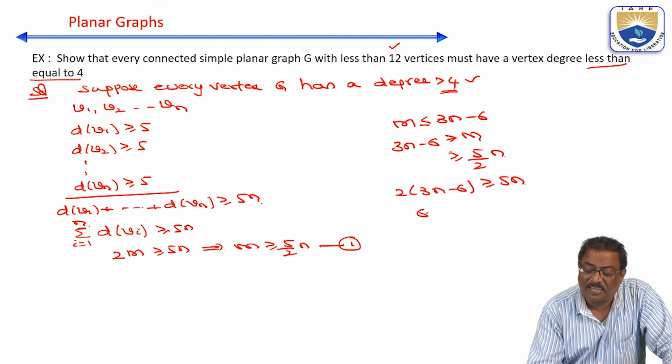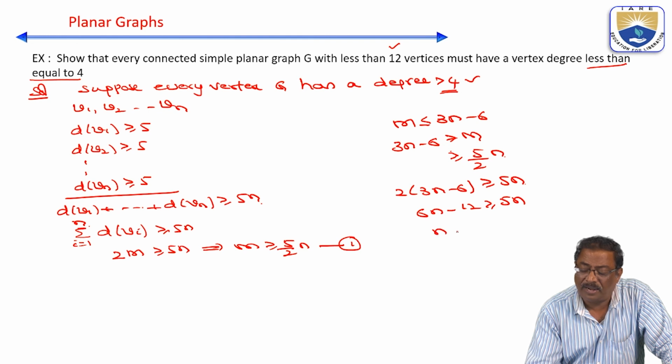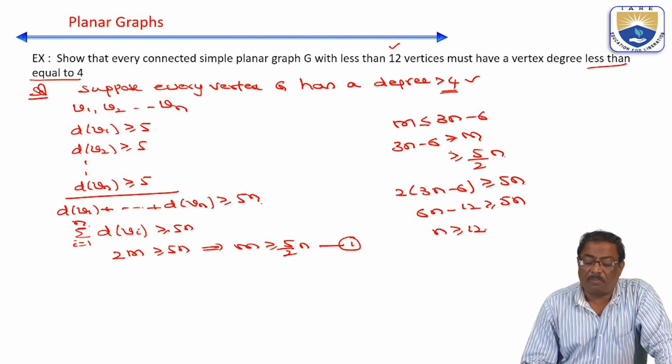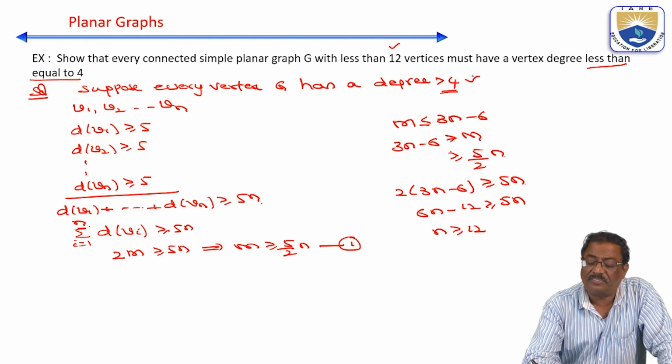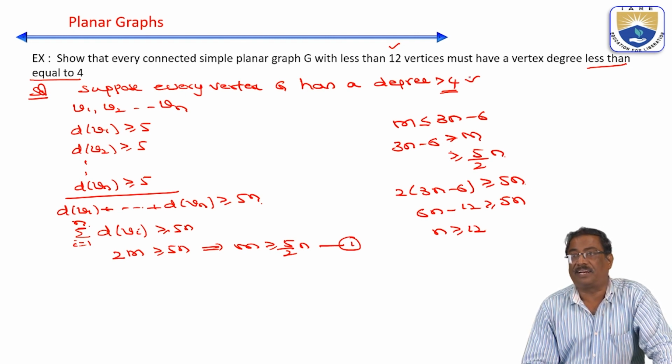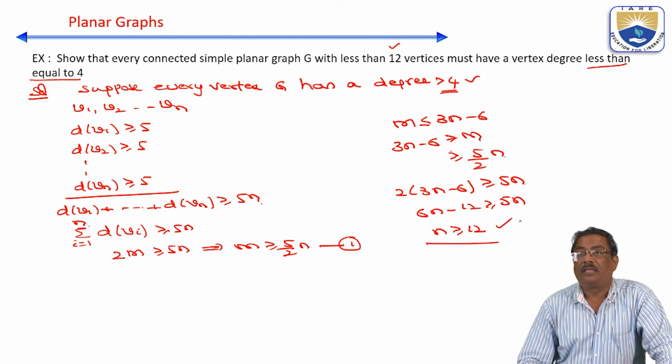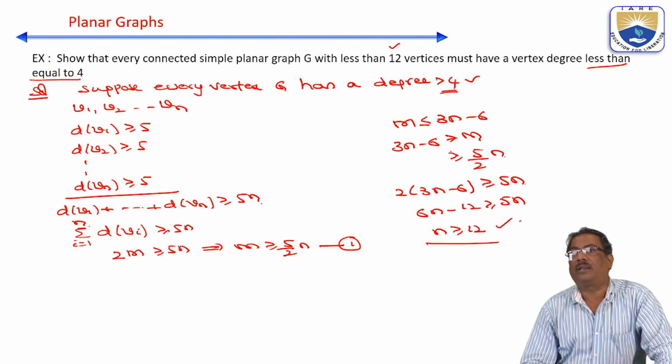Then 6n minus 12 is greater than or equal to 5n. So now n is greater than or equal to 12. So if I assume that a graph has each and every vertex degree greater than 4, I get the number of vertices equal to 12 or more than 12.